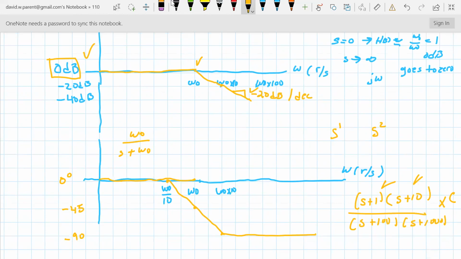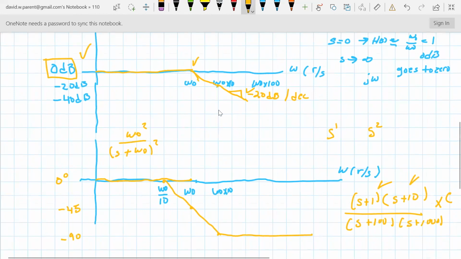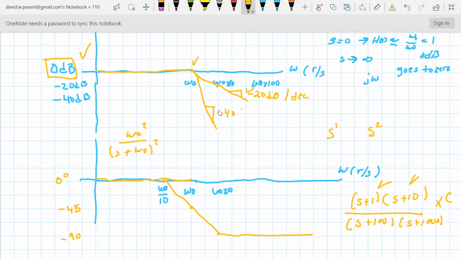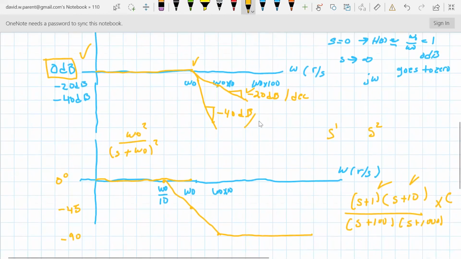All right. So like on another problem, if I squared that and squared that, I would get the same looking plot, except now the magnitude would be minus 40 dB per decade, right?